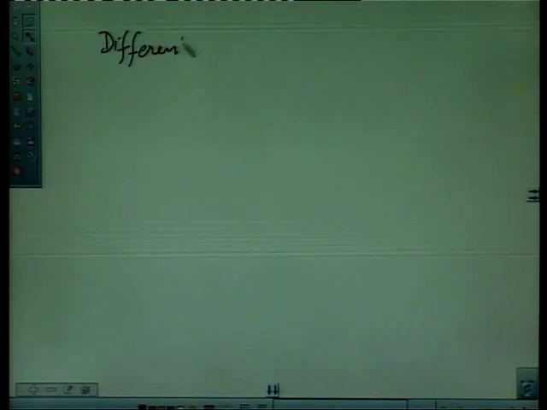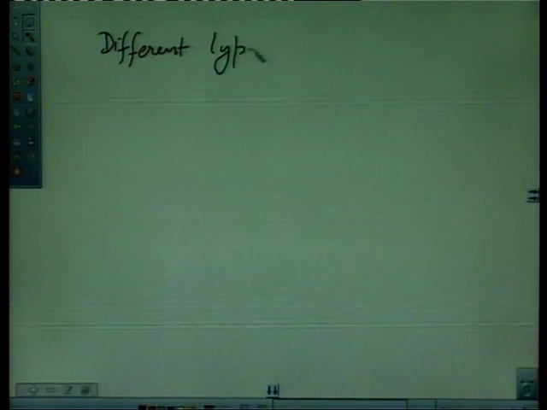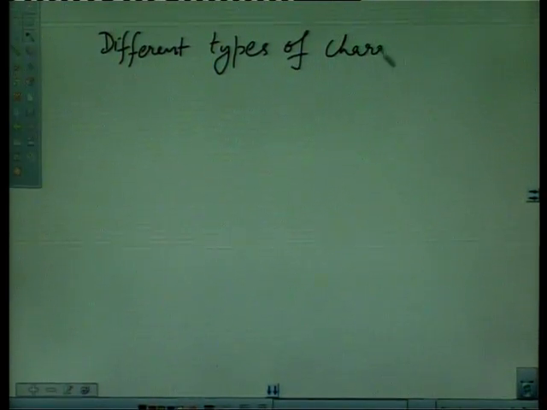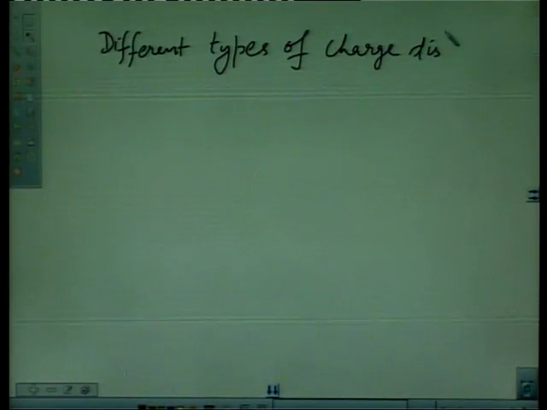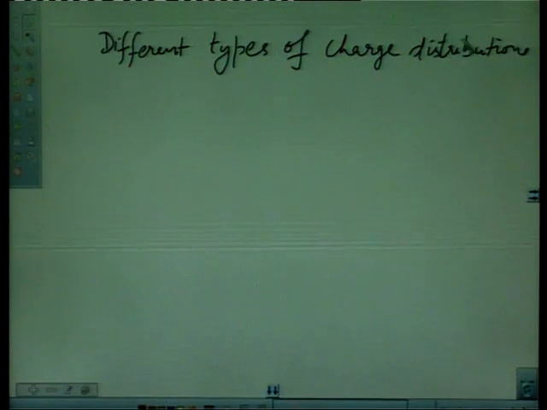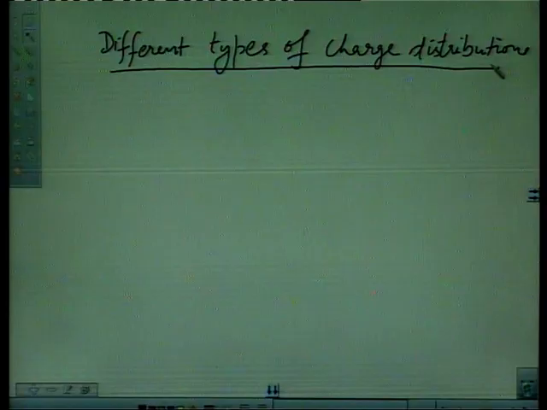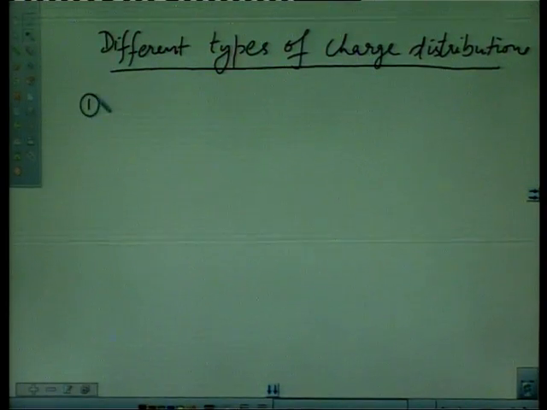Now, next we have different types of charge distributions. The first type of charge is a simple point charge.